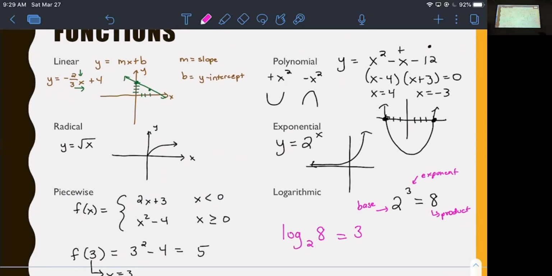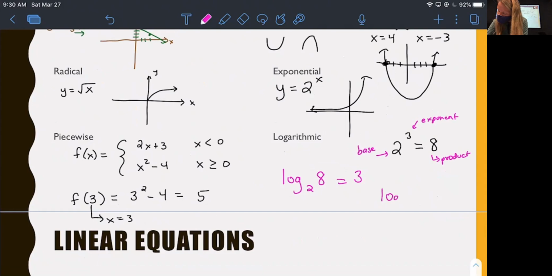For logarithms, what you want to be able to do is work between the two forms. So how this problem could have looked on the ACT is it could have just been, what is log base 2 of 8 equal to? Your calculator, yes, can do this for you. But on the ACT, you should be able to do these in your head if you know how to convert between the two forms.